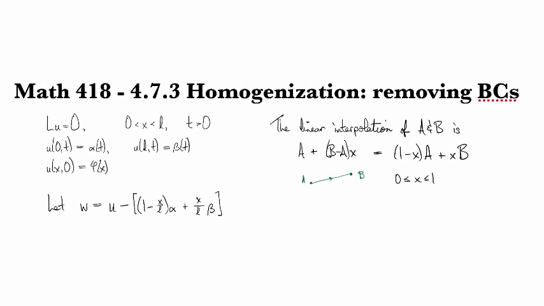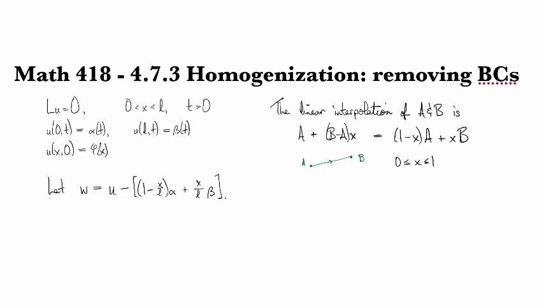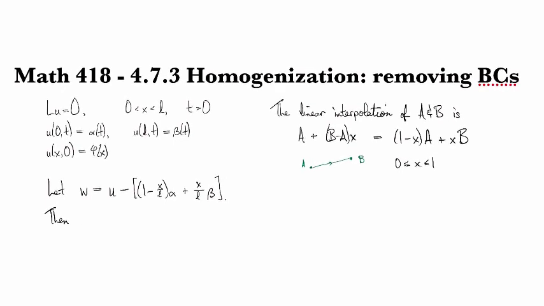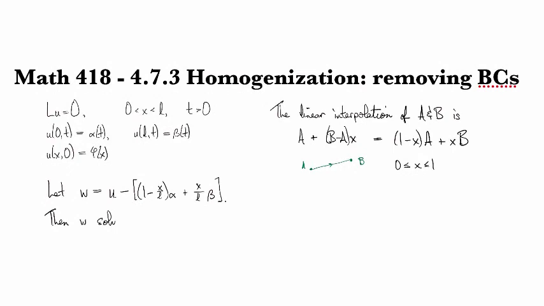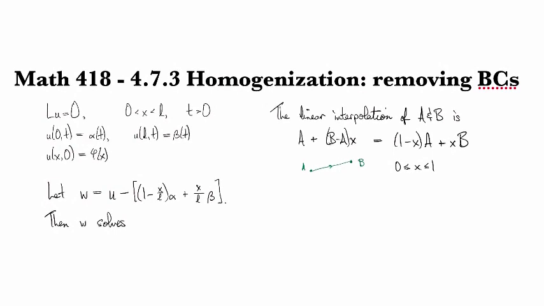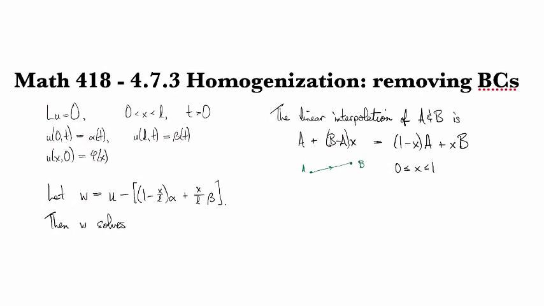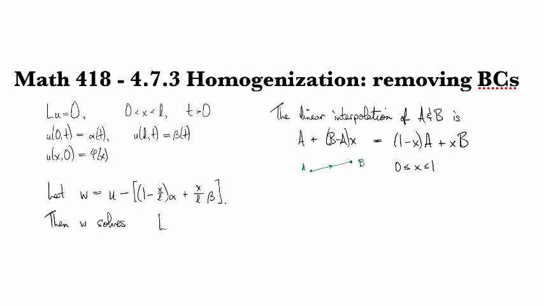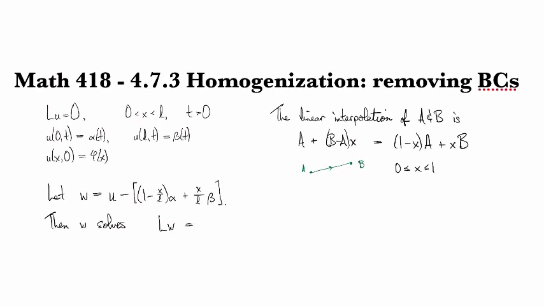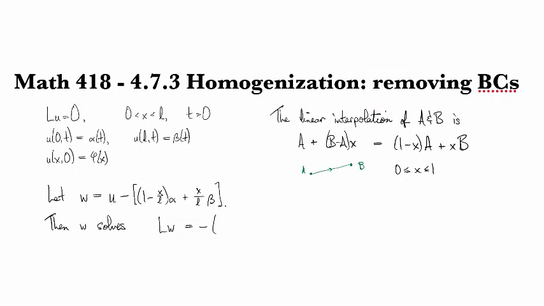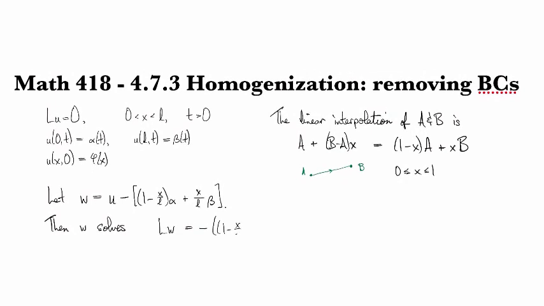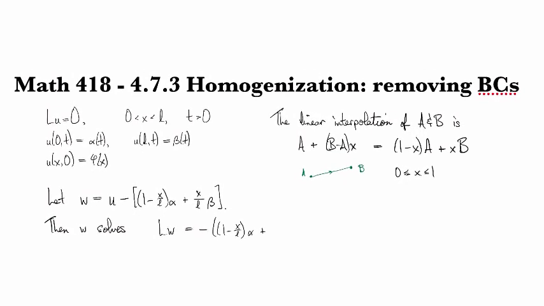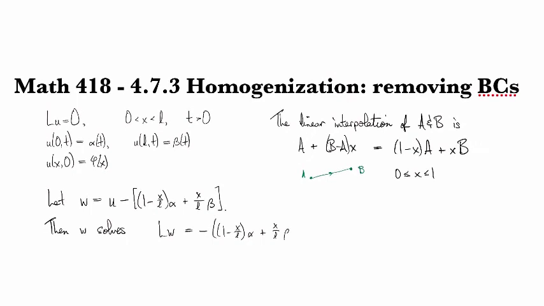Okay, so with this new variable, we can check to see the equation that it will be the solution of. It'll be the solution of L W equals minus, and then we'll have 1 minus x over L alpha plus x over L beta.